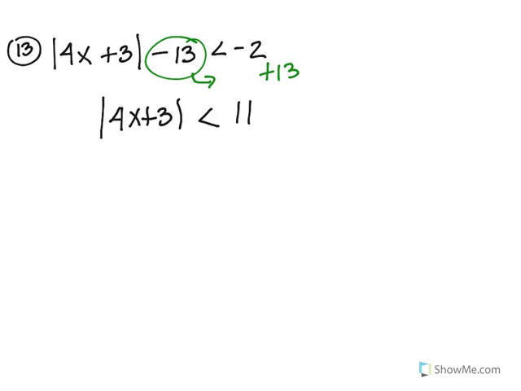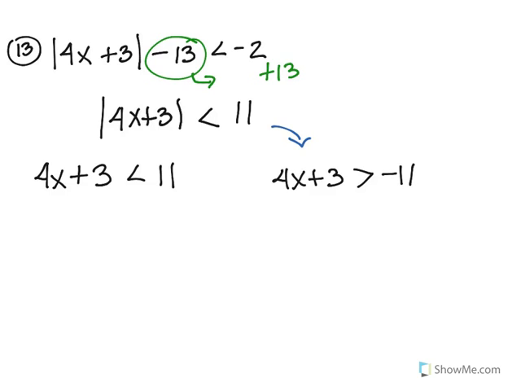So our two problems without the bars are going to be 4x plus 3 is less than 11, and then 4x plus 3 is greater than negative 11. You must remember for the second one, you got to flip and change. Flip that sign, change that number. Okay? Flip and change.